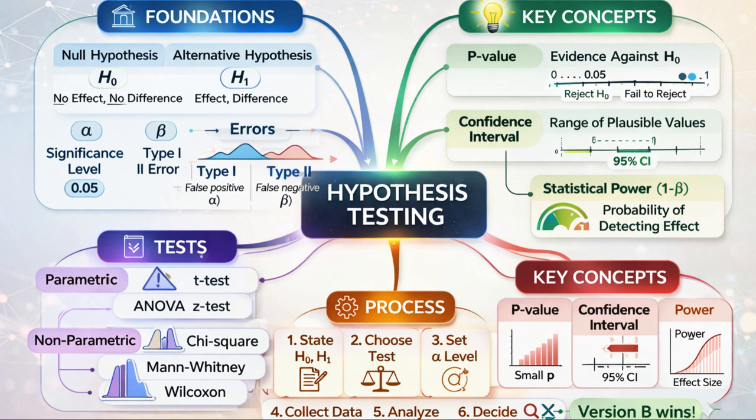We have covered an immense amount of ground today, from the foundational logic of null and alternative hypotheses through t-tests and chi-square tests, all the way to the nuances of p-values, confidence intervals, and advanced models like ANOVA and regression.